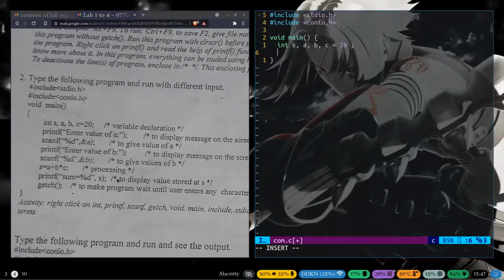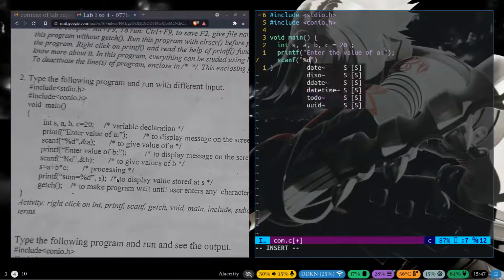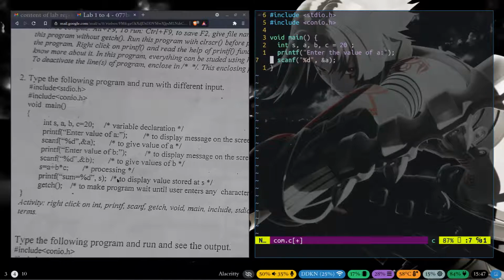Print f. Enter the value of a. Scanf percent d and a. Enter the value of b, and d is equal to a plus b times c.